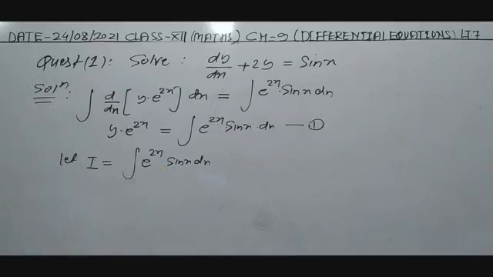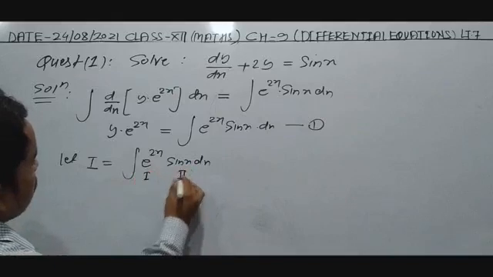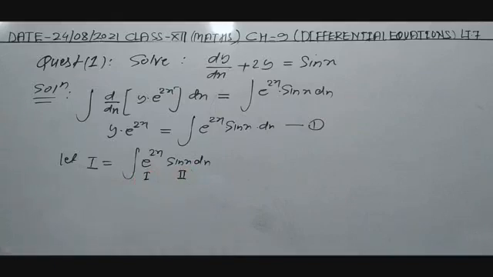See, in this type of function you consider this as the first function and this as the second function. So: first function times integration of second function, minus integration of d by dx of first function times integration of second function.